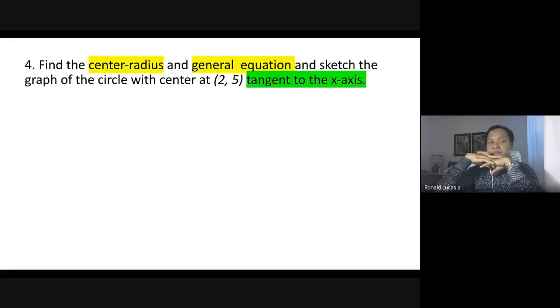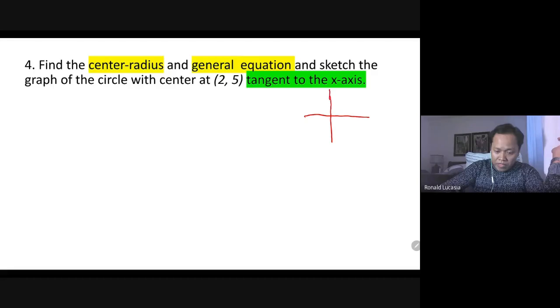So how can we find the radius if we only have the center? Any idea? Basically, when you look at this one, maybe you can have an idea from this. 1, 2, 3, 4, 5. 1, 2, 3, 4, 5. This is (2, 5) here. Okay, that's the center of the circle. The circle must be tangent to this one.